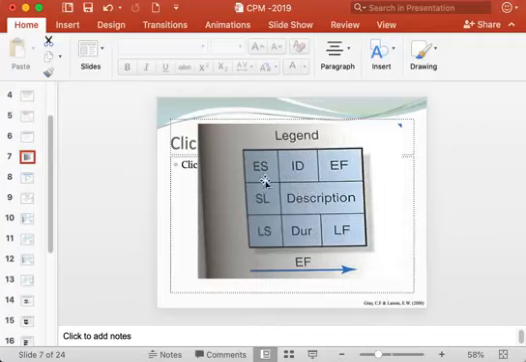Okay, so the number that is reflected here represents earliest start time.